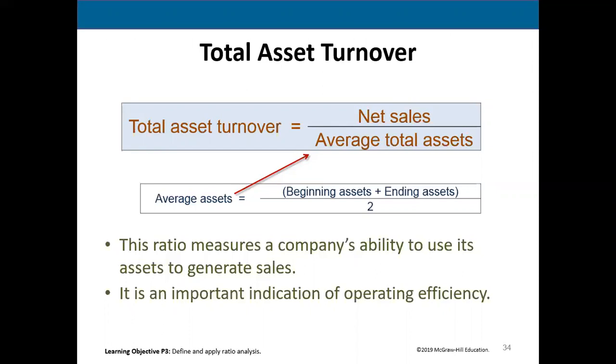So for every dollar in total assets, the company makes 0.66 cents in total sales. Not 0.66, but actually 66 cents in total sales. So it's measuring how well the company uses its assets to make sales.